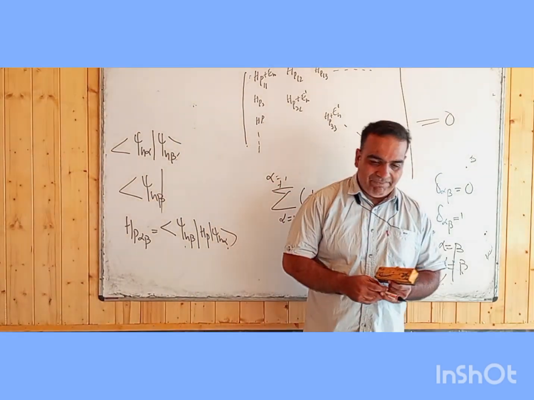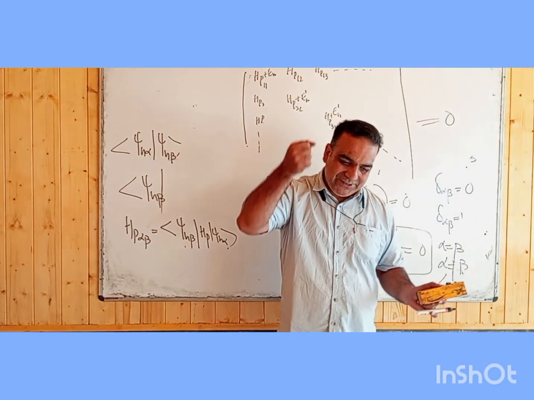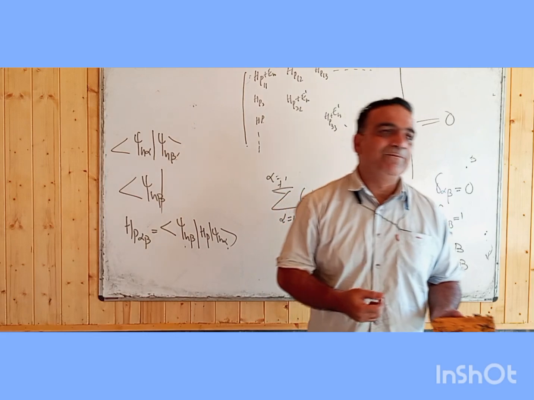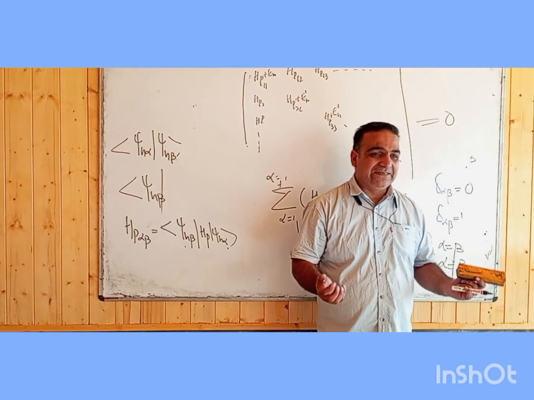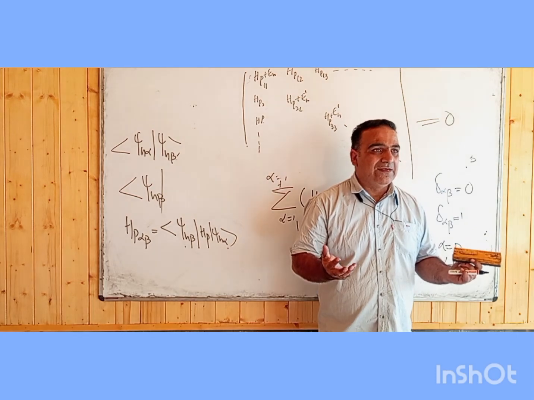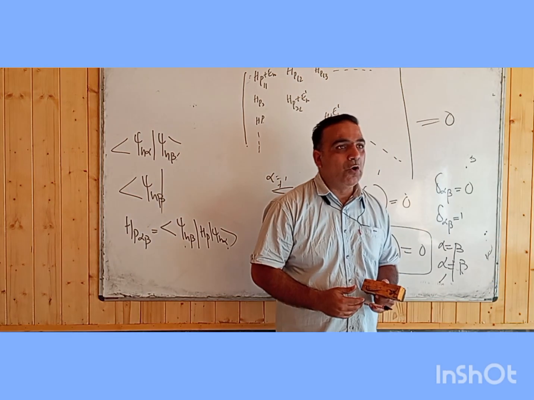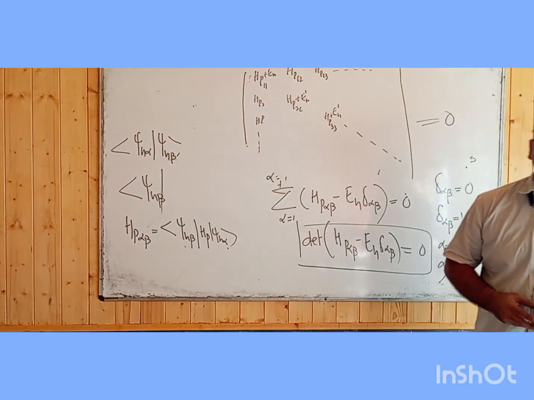That means when you have a degenerate system and you perturb it, the degeneracy of the system is removed, and your system behaves like a non-degenerate system. So with this, I would like to end this talk.